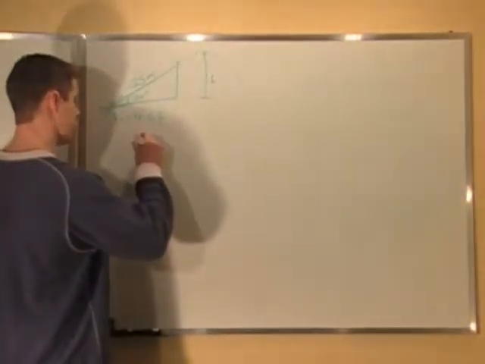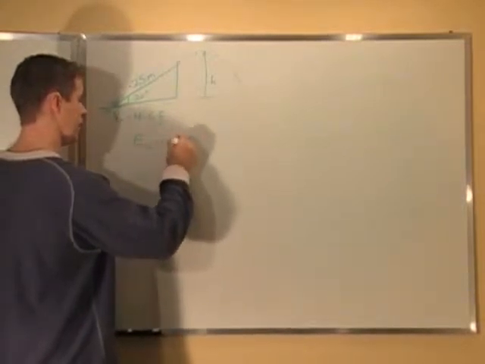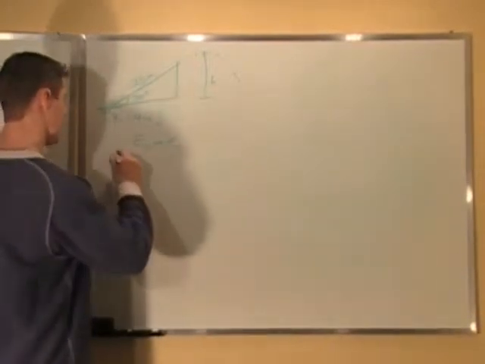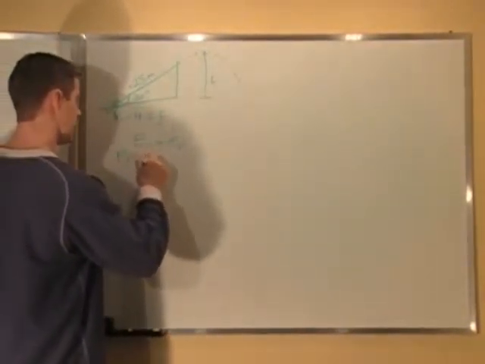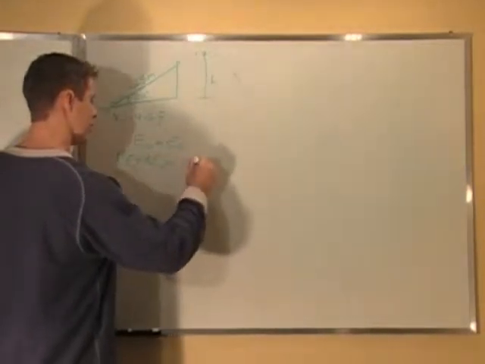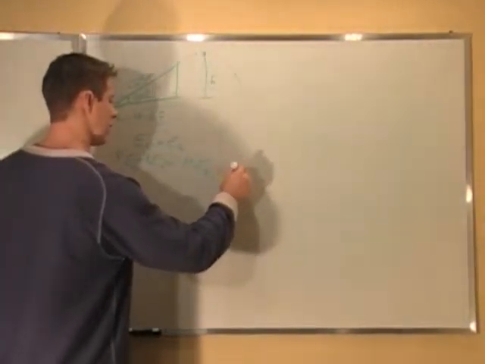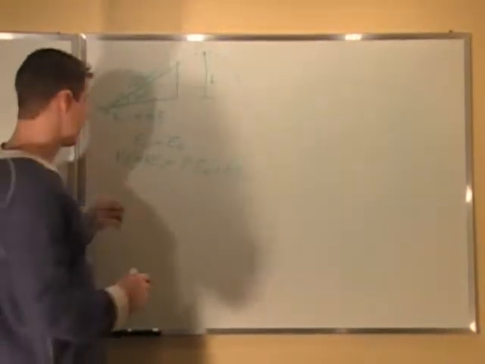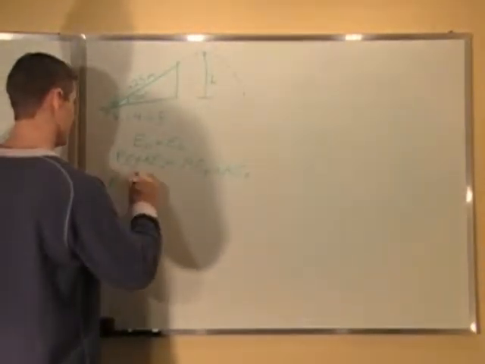So we can say energy initial equals energy final, conservation of energy. Our initial energy has potential energy plus kinetic energy, which equals potential energy final plus kinetic energy final. Initial potential energy is mgh.